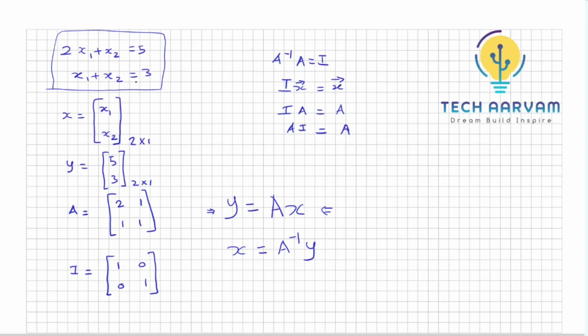The process of solving this problem and finding the price of the pen and the pencil can be written like this. And we have now introduced A inverse. We also need to introduce the identity matrix. Identity matrix is generally a square matrix. The diagonal with the ones here is called the main diagonal or the primary diagonal. Identity matrices have 1 on their main diagonal.